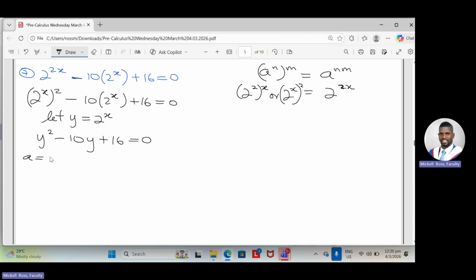In this question, a is 1, b is equal to negative 10, and c is equal to 16.